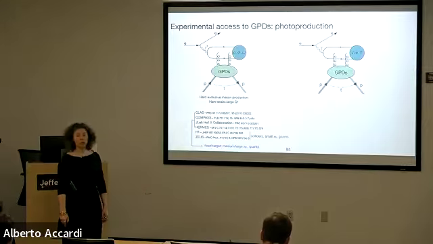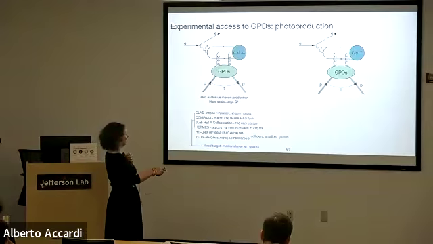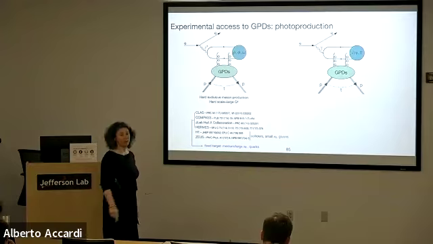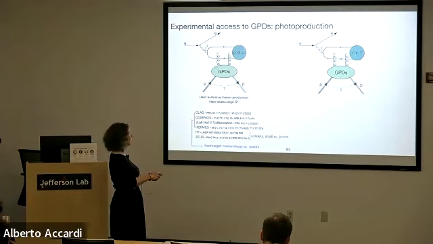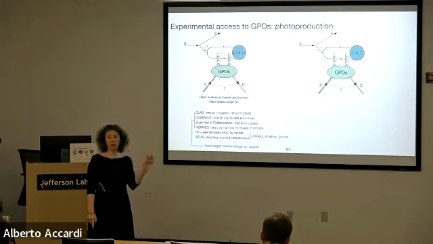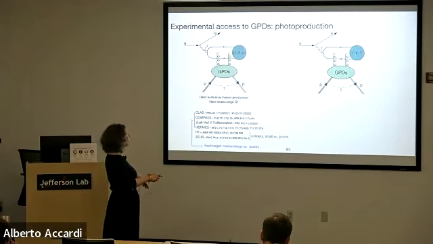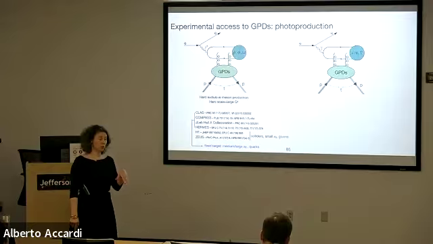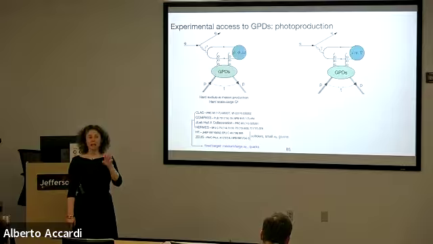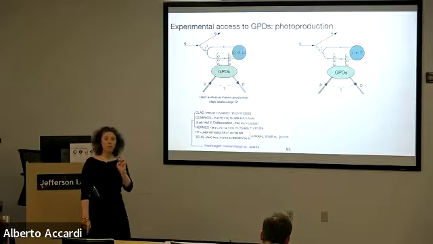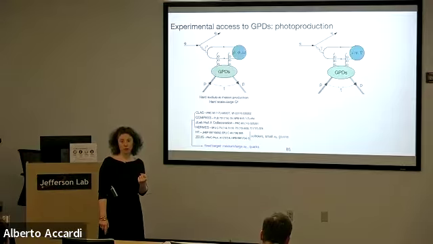And then the hard scale needs to be provided by the final particle that you create. So for example, you can create a J/psi, which consists of a charm anti-charm, or an Upsilon, which consists of a bottom anti-bottom quark. And it's the large mass of these charm and bottom quarks that gives you the hard scale.